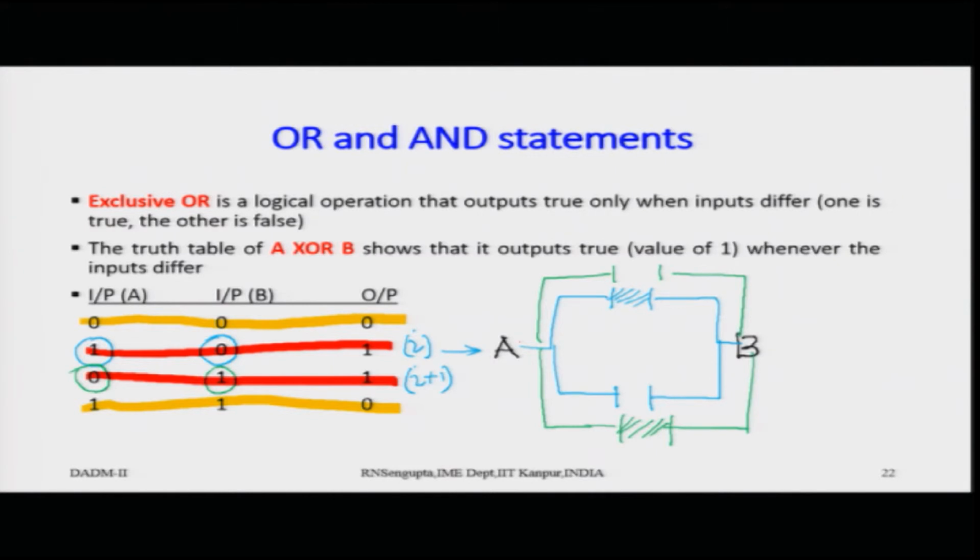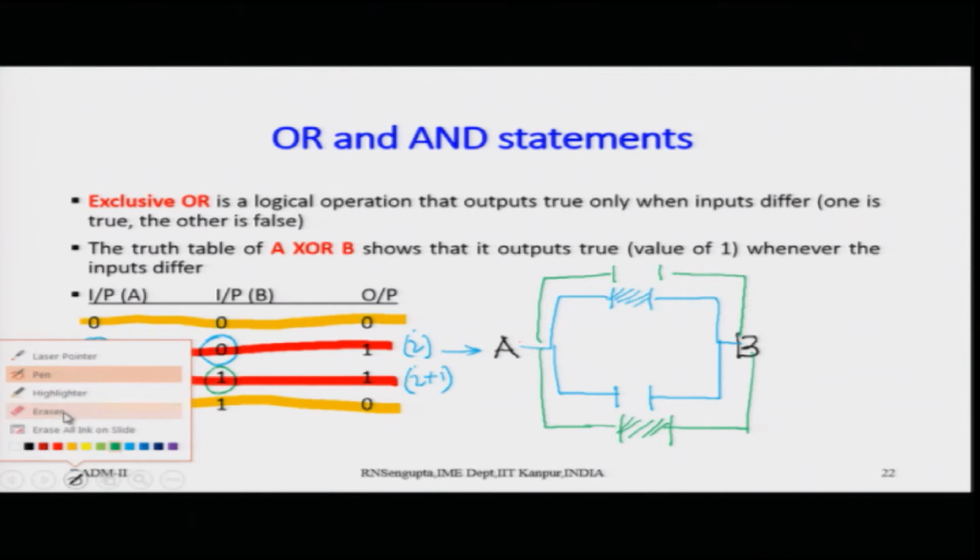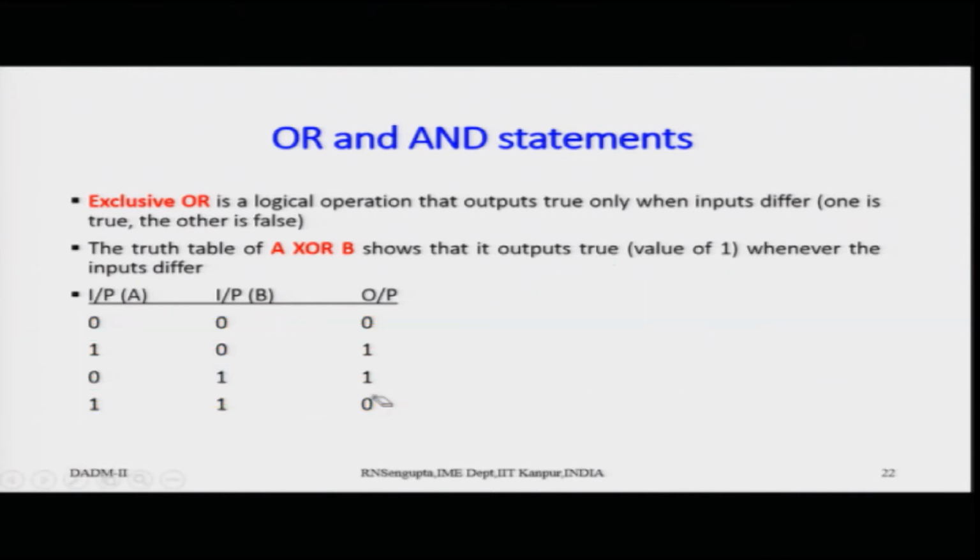Now, consider the other one, which is marked in yellow. Let me erase this. I will come to this example later on. With examples it will be much easier for me to explain. So, you have a yes node and the actual output is 0.